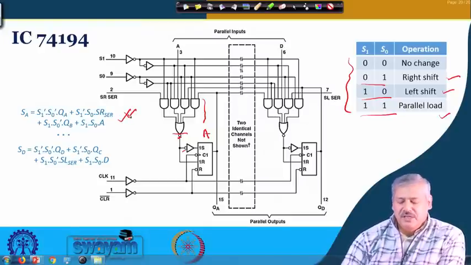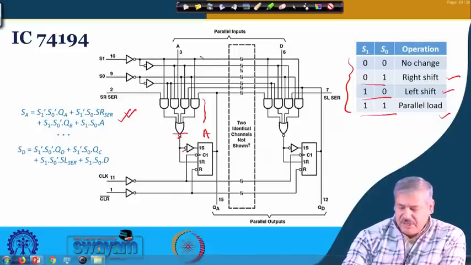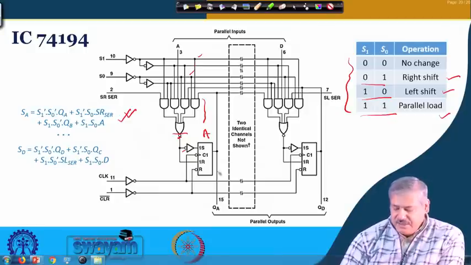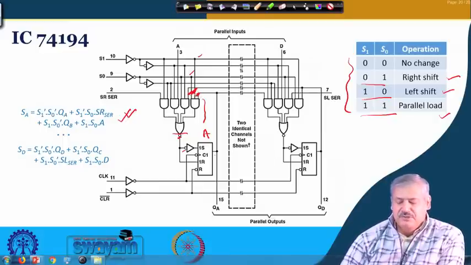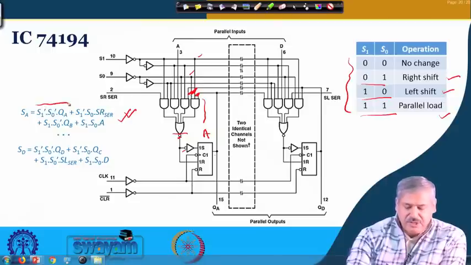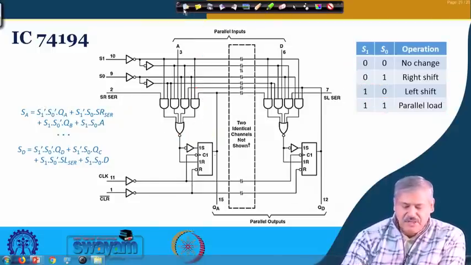If you look at it this way, S1 prime, S0 prime: S1 is here, so this line is S1 prime, and this line is S0 prime, and this is your QA. So these are the 3 inputs. That is what you see as the AND output, which is ORed with the rest of the inputs.